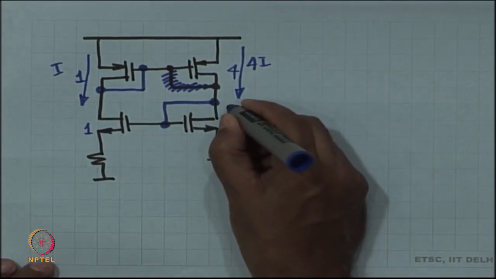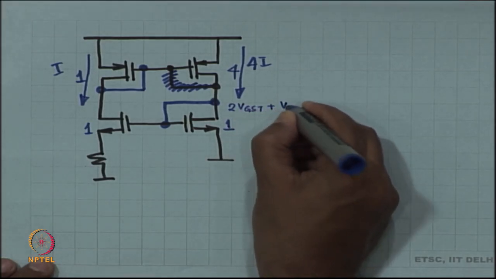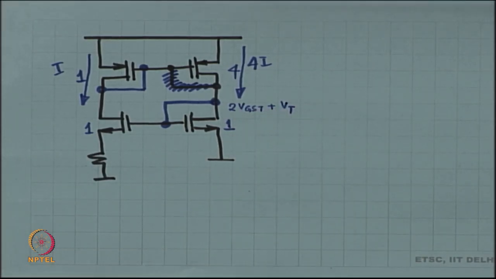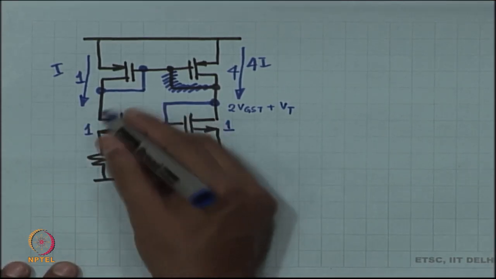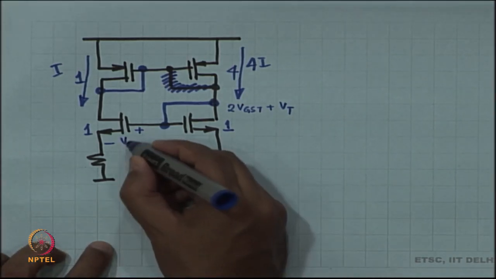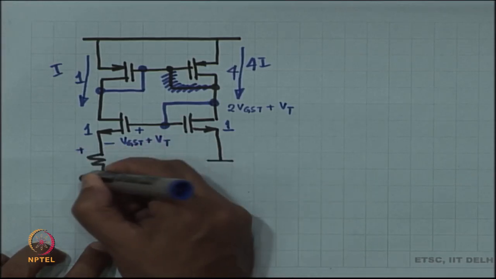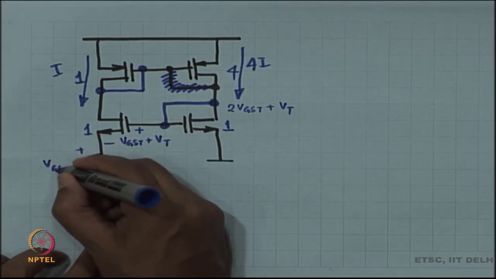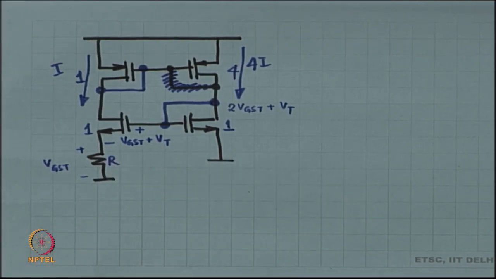So, the voltage here is 2 VGST plus VT. The voltage for this particular NMOS requires only VGST plus VT. So, this much is VGST plus VT, which means that this voltage is just VGST. But if this has value of R, then I times R is VGST.